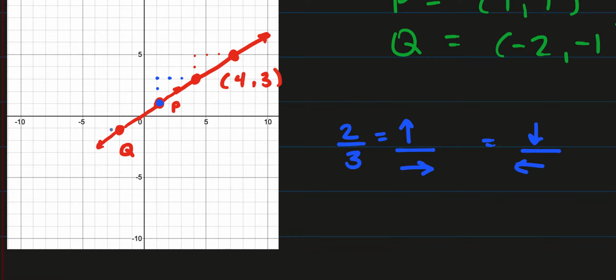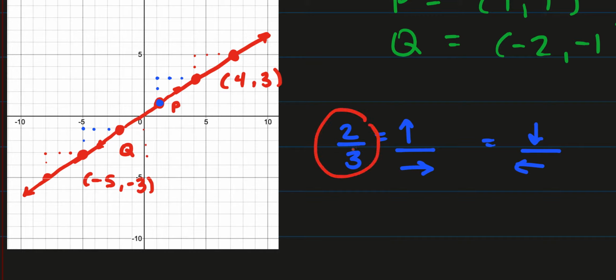So I can go to the left 1, 2, 3, and then down 2, and that would be another point on this line. And this looks like the point -5, -3, right? 1, 2, 3, yeah. And we can continue in this way. We could go to the left 1, 2, 3, down 2, here's another point. And notice that this line, if you look from the left to the right, is going up. And that makes sense because we got a positive number.